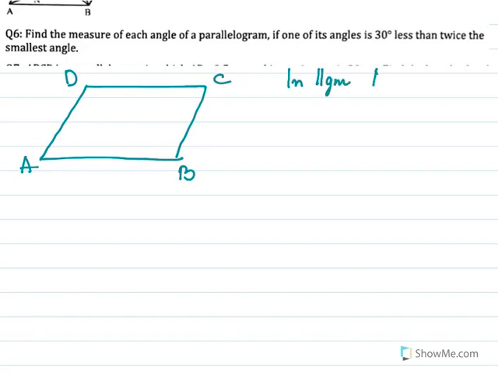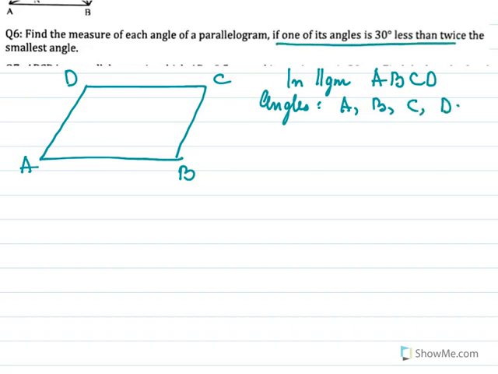In parallelogram ABCD, the angles are A, B, C, D. One angle is 30 less than twice the smallest. So let's say A equal to X. So B is 30 less, 30 less means minus 30, than twice the smallest, twice X.